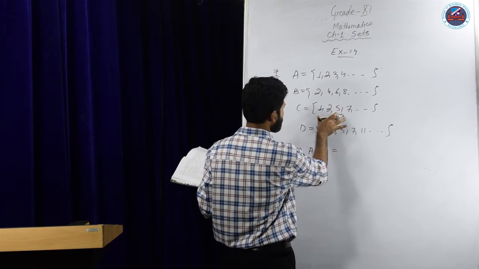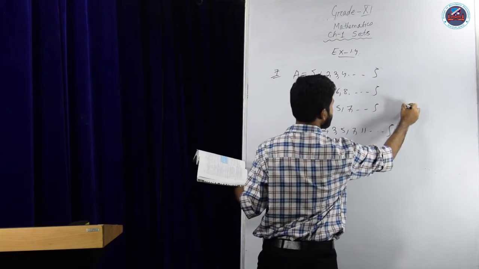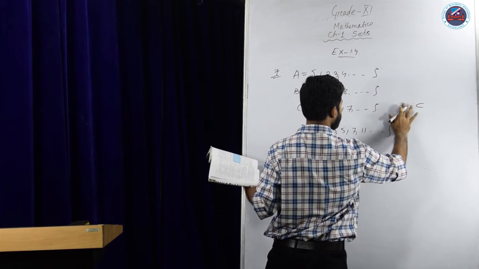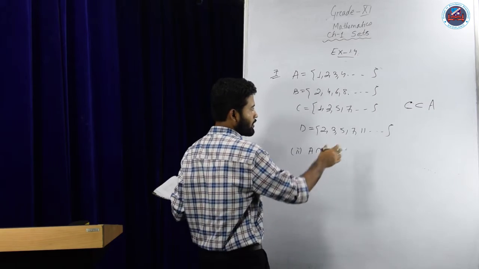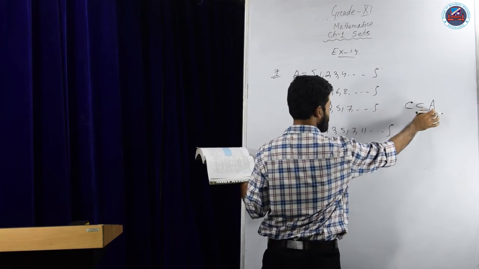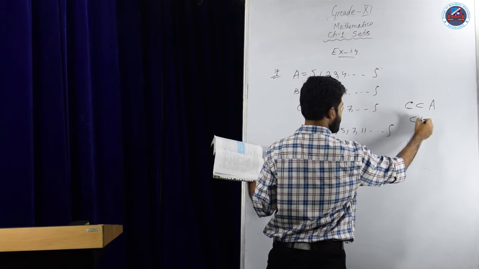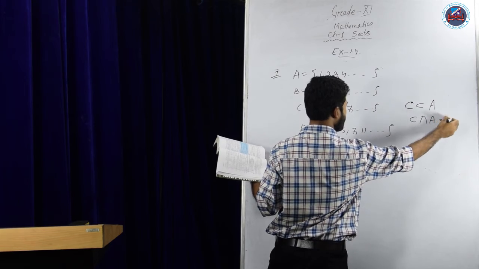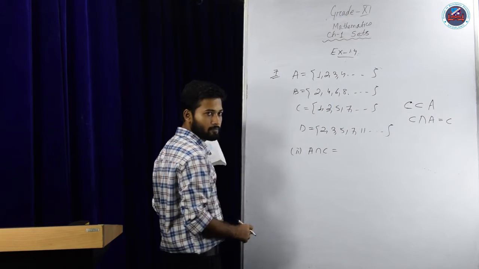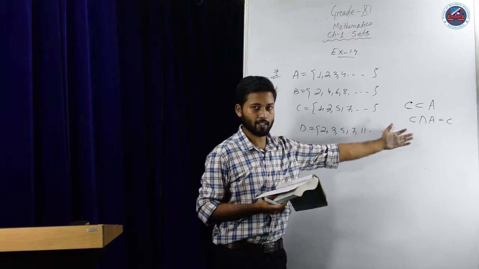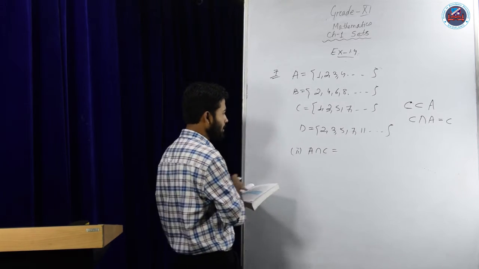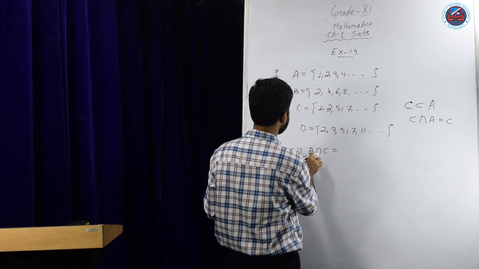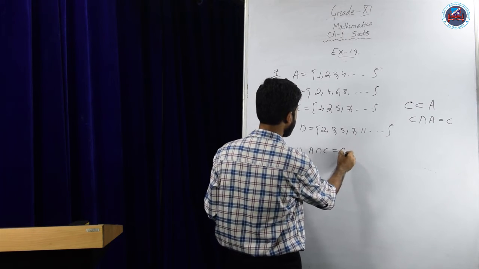Here we can see one thing that C is a subset of A, isn't it? So in such a case, if C is a subset of A, then C intersection A will be equal to C. Okay. So actually there are a few properties that I have given in the notes in the PDF. You can just go through them. So A intersection C will be, here A is a bigger set, so it will be C.